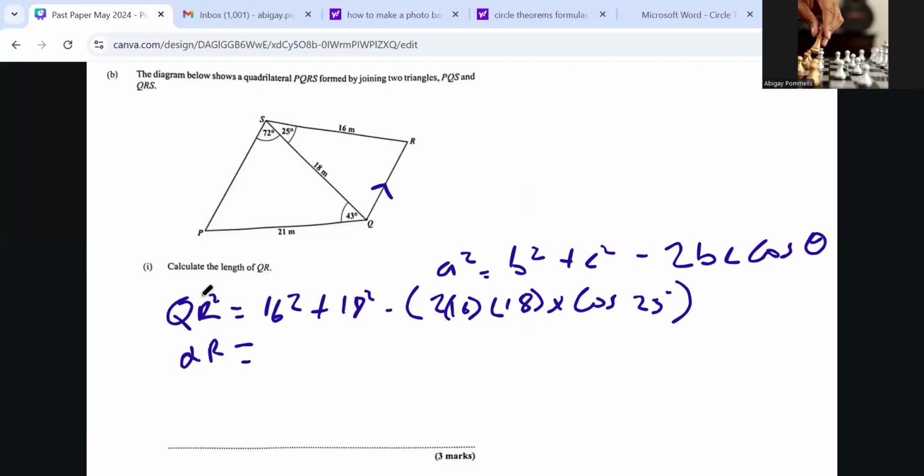Oh, I need to subtract, my apologies. I am feeling the tiredness already. Then I got 58, and now I'm going to square root that. Square root of 58 gives me 7.6 m. So QR is 7.6 m.